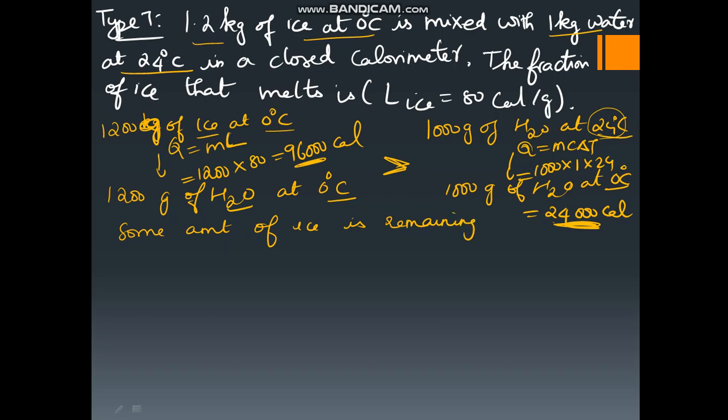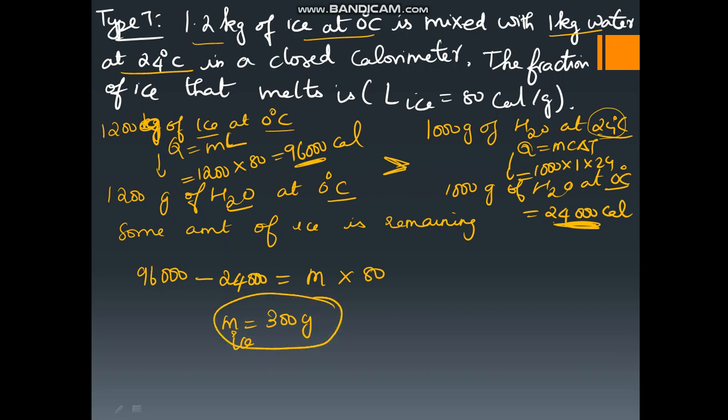So you subtract these two values, 96,000 minus 24,000, that is equal to mass into 80, which comes out to be 300 gram. So the mass of ice that melted is 300 gram. They are asking the fraction of ice that melts.